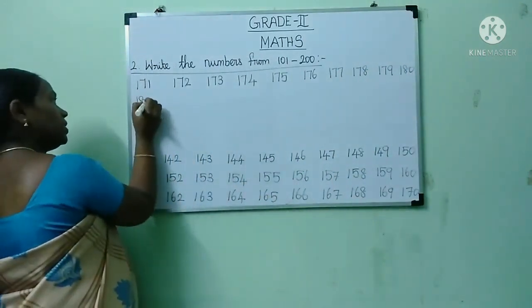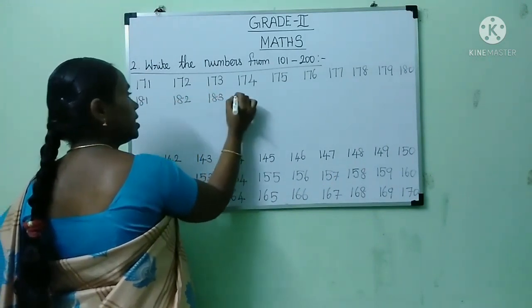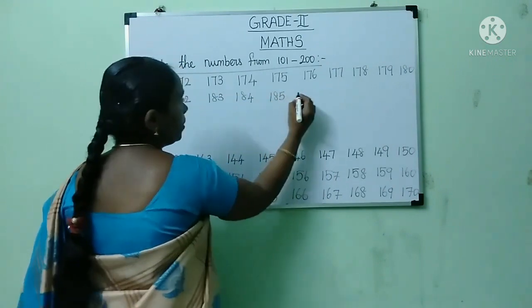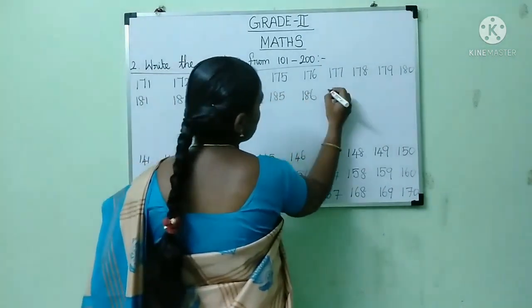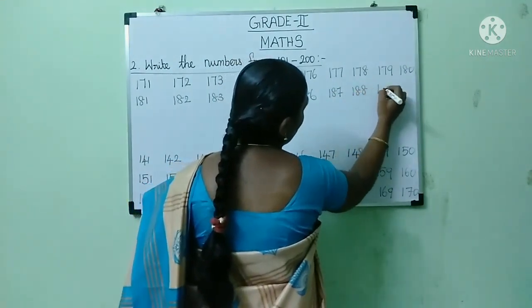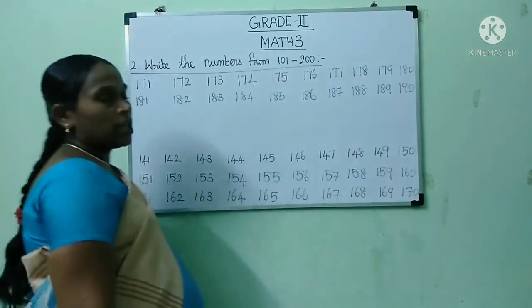Next, 181, 182, 183, 184, 185, 186, 187, 188, 189, 190.